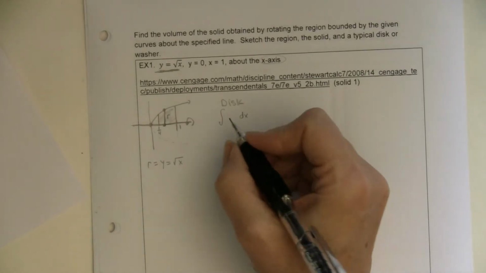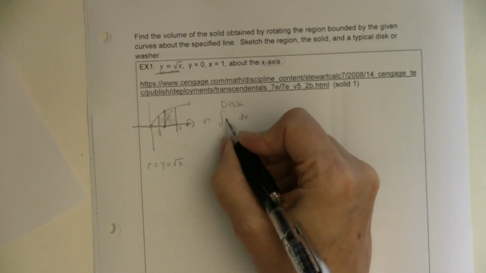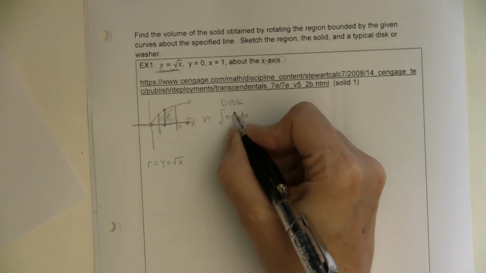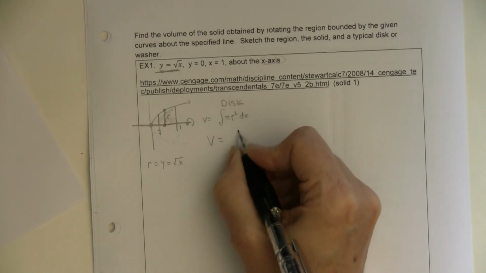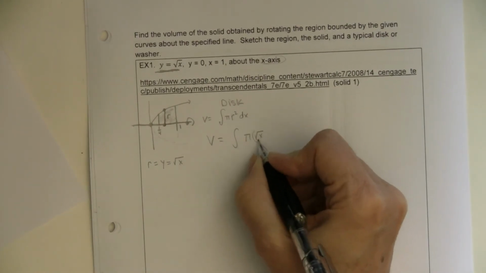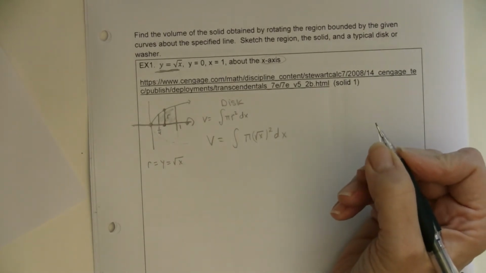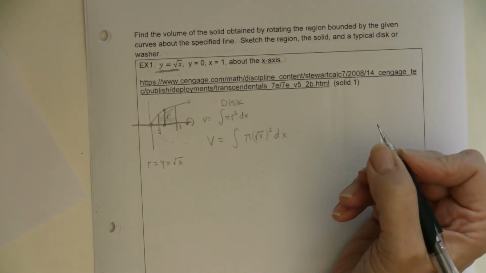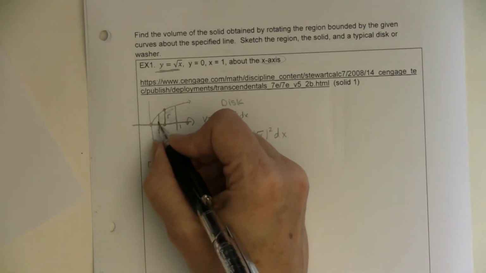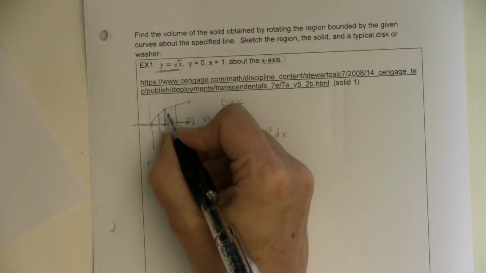And then the formula right here for the volume is pi r squared, right? So the volume is the integral of pi times the square root of x squared dx. And then your integral's bounds will be, we're going to be drawing and figuring out each one of these, right?